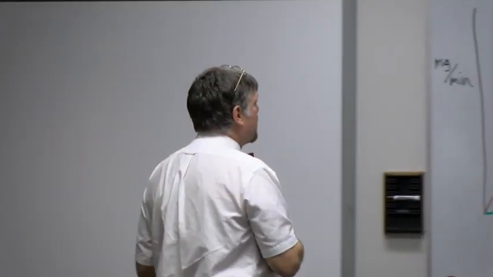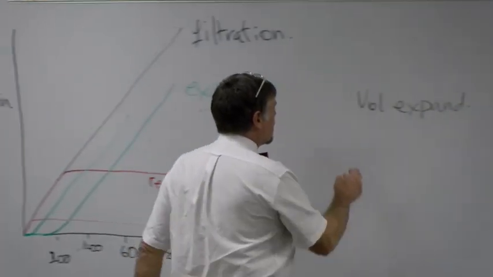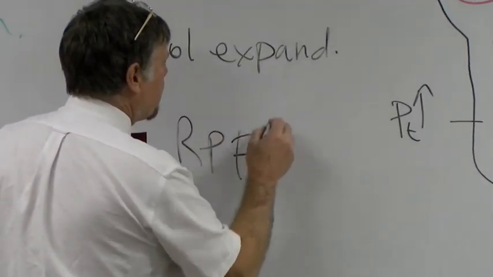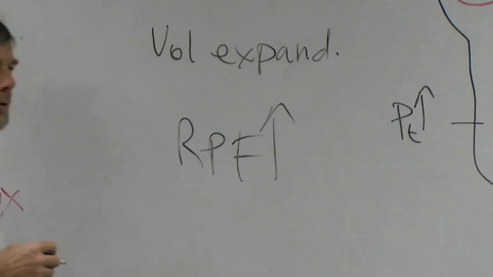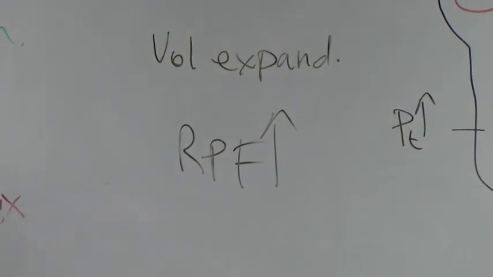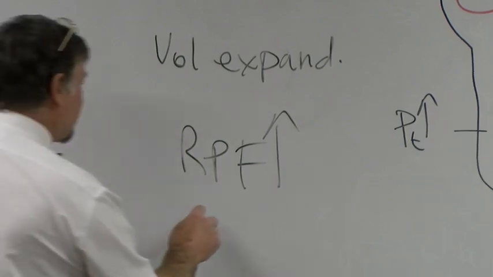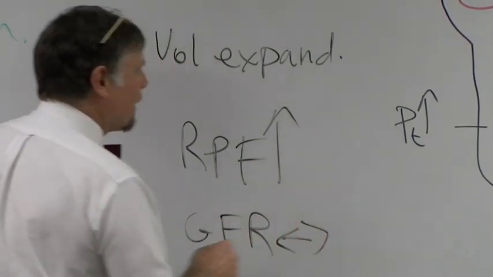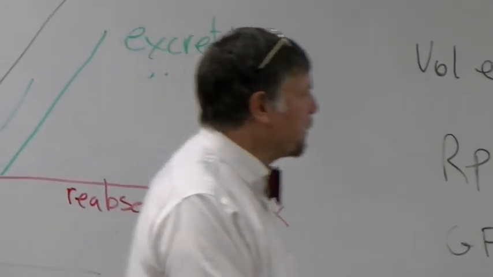Okay? So you get a volume expansion that will tend to increase the renal plasma flow, and here, and this is the kind of smoke and mirrors bit, we're going to say the GFR stays the same. And I don't know whether I want to use this same diagram or not.